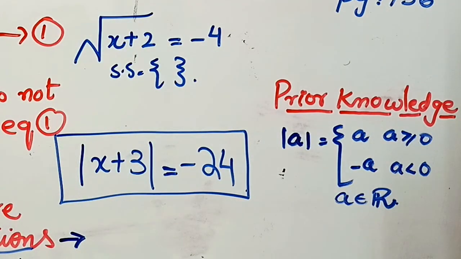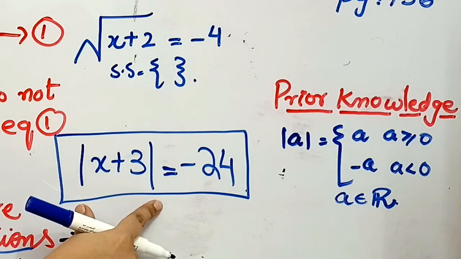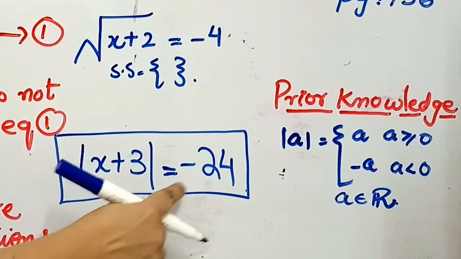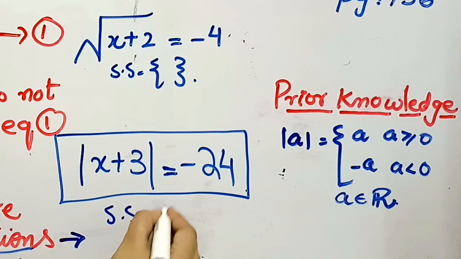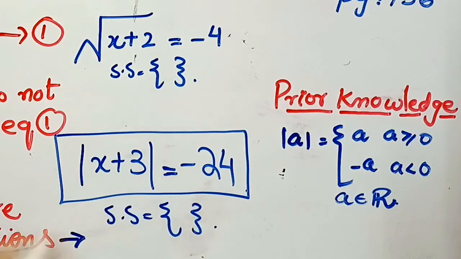It is the same in the case of the modulus. Whenever the mod of any expression is equal to a negative value, its solution set will be empty and you will have extraneous roots or extraneous solutions.